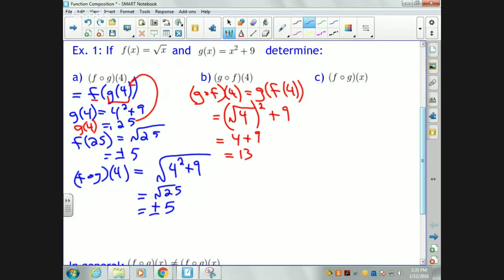Well, that's already done for us. So that's x squared plus 9. But then we have to take the square root of that because we need to compose with f. So this becomes the input for f, and we get the square root of x squared plus 9.